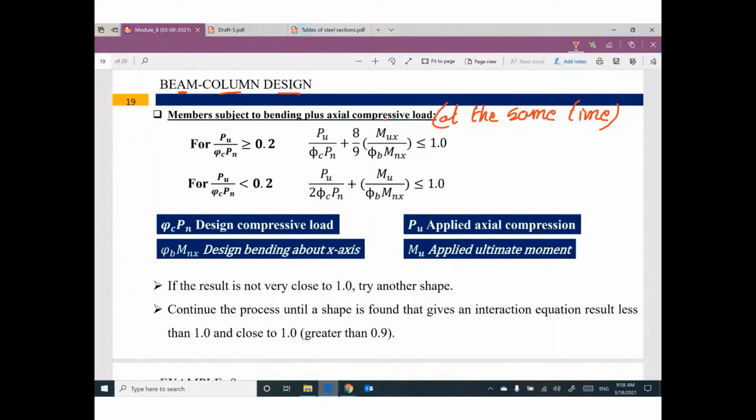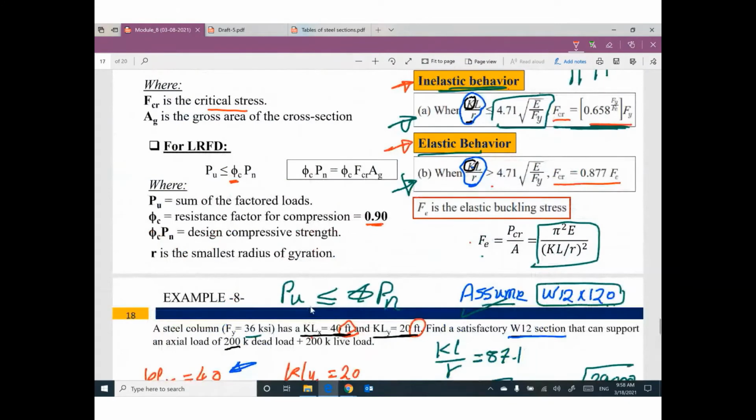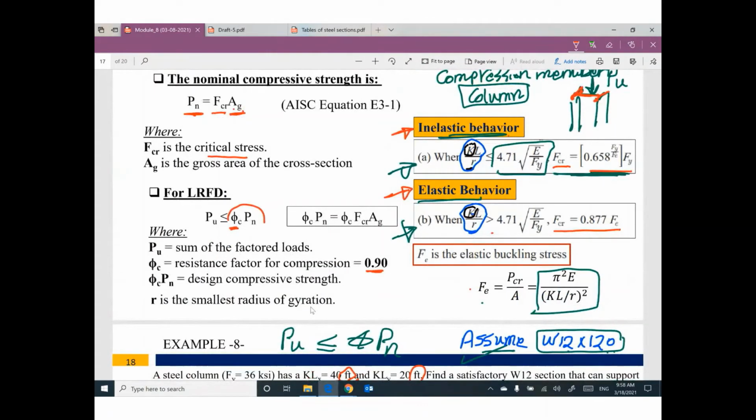Okay, we have two cases. The first case, if P ultimate divided by phi Pn is greater than or equal to 0.2. How can I get phi Pn? You learned it before. If this member is a column alone, I can get the compressive design strength, phi Pn.